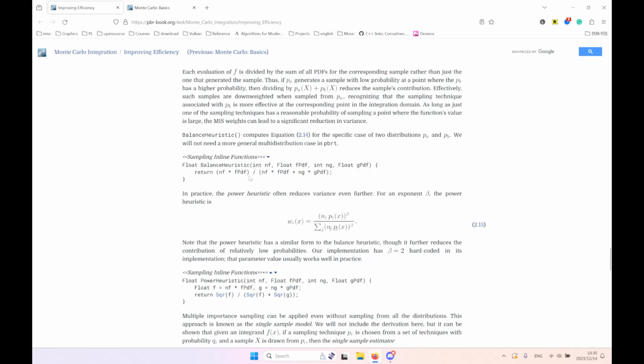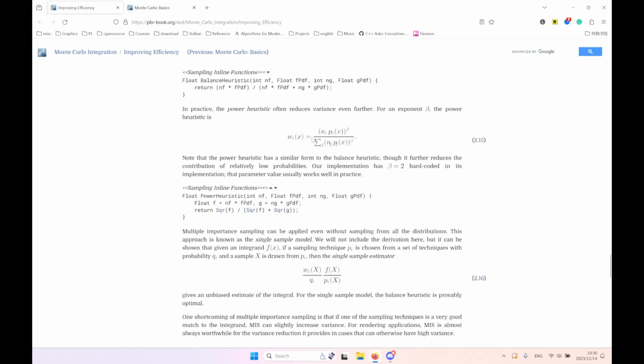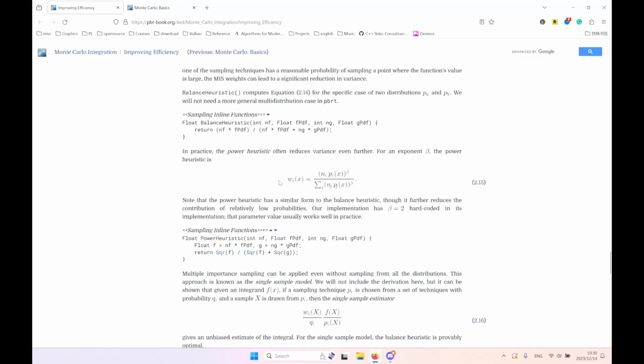So yeah, there's this balance heuristic, and power heuristic is just doing balance heuristic with exponent beta. And in PBRT, they have beta hard-coded to be 2, so they just use square root.